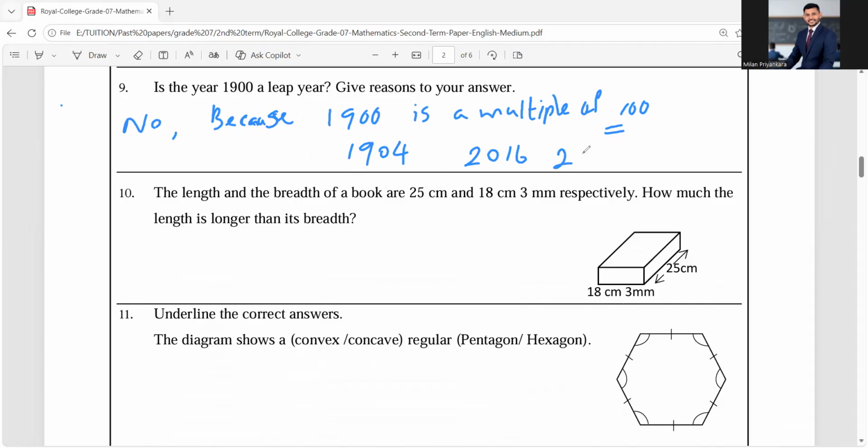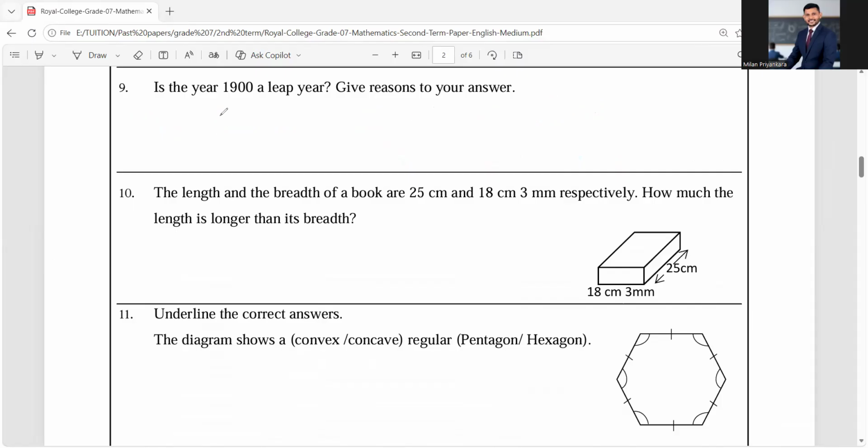But if you take 2000, it is not a leap year because even if it is divisible by 4, it is still divisible by 100. Therefore, it is not a leap year. If a year is a leap year, it should be divisible by 4 and it should not be divisible by 100.